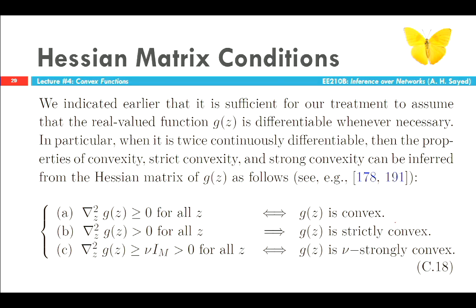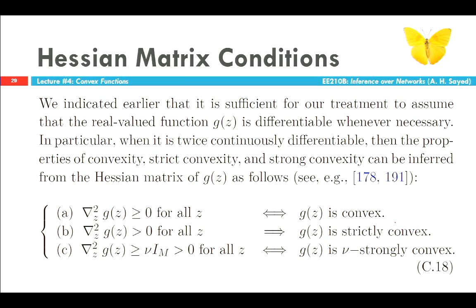For strongly convex, you don't only need the Hessian to be positive definite, it has to be sufficiently away from 0. And that amount is this nu. So when you say that a function is nu strongly convex, you are saying that its Hessian matrix is sufficiently away from 0 by that amount. This will be very useful for us.